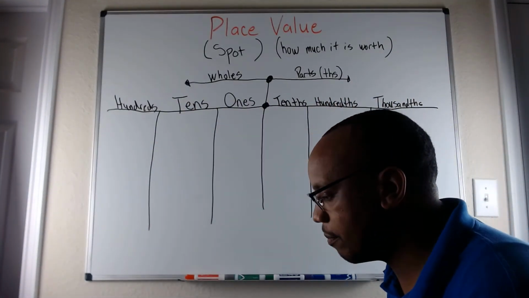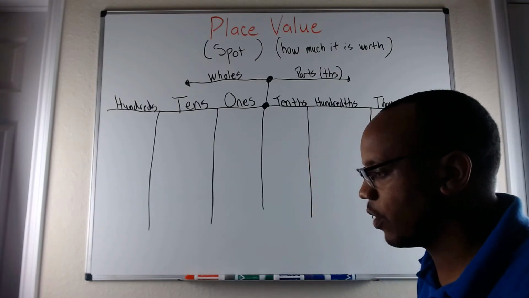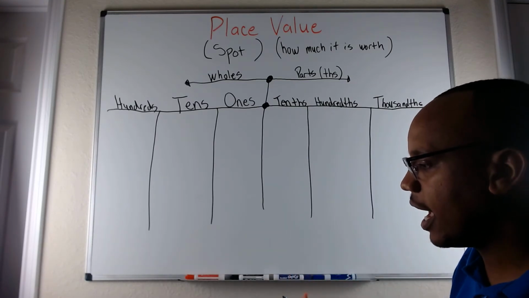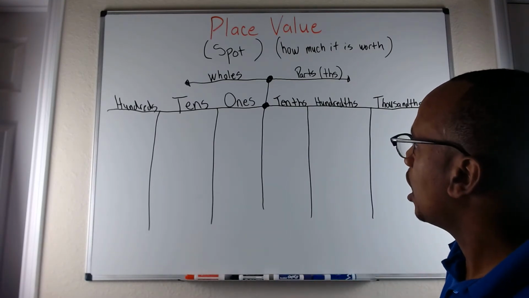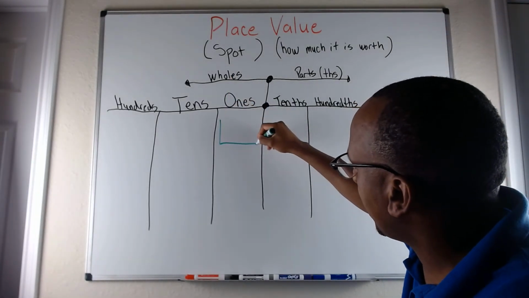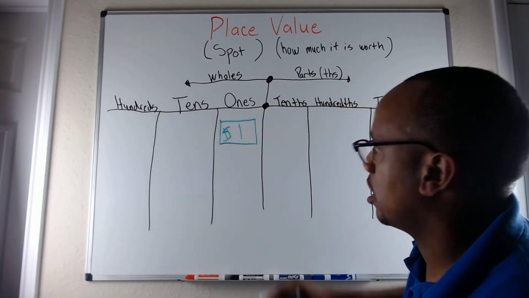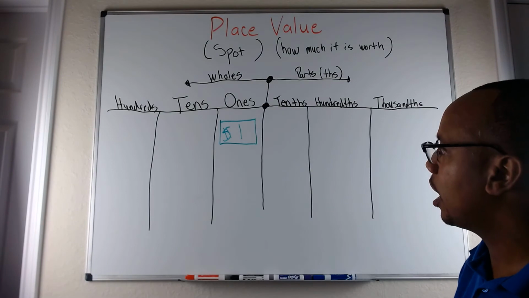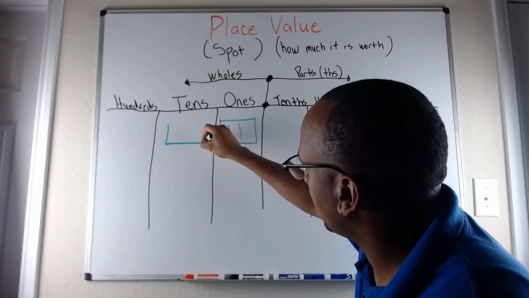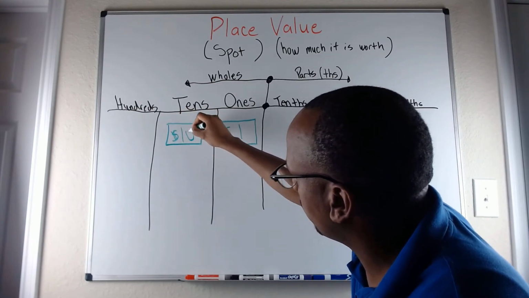All right. Now from there, I'm going to put some values to it, right? And I always like to start with money. So I always like to say, hey, one whole dollar is just like having a $1 bill, right? 10 whole dollars is just like having a $10 bill.